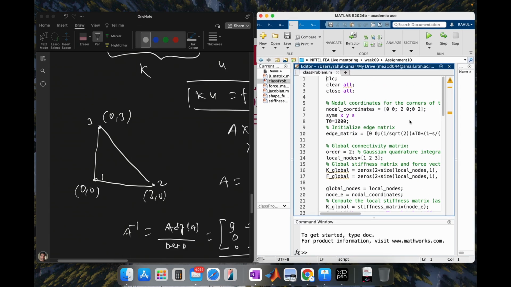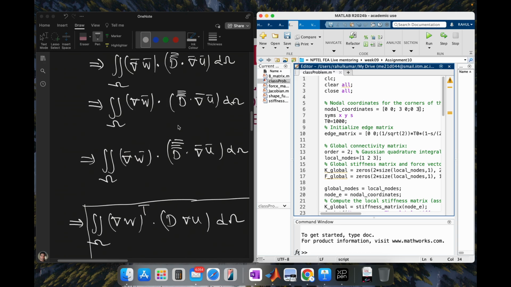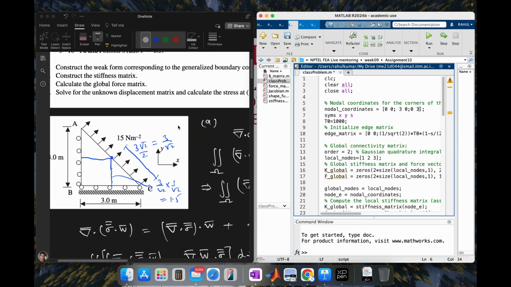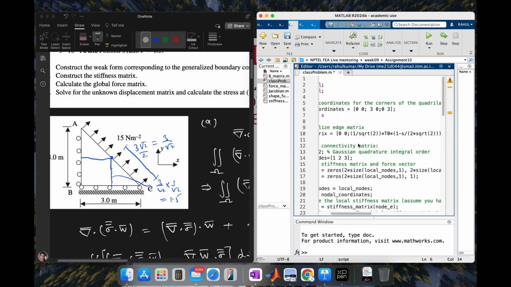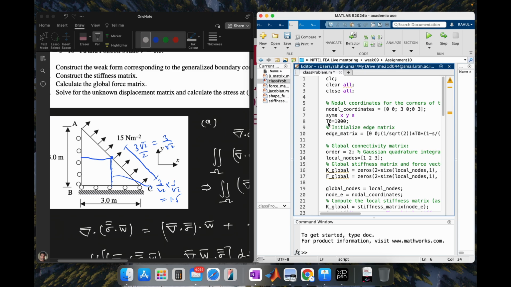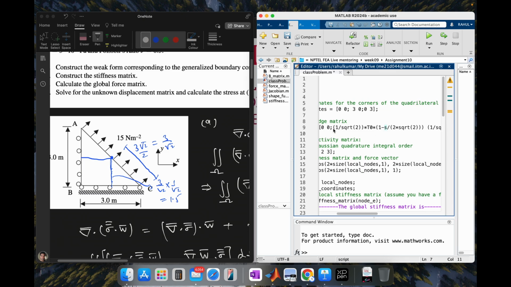So what is the nodal coordinate? Nodal coordinate is 0 0, 3 0, and 0 3. And here we need to write the Neumann boundary condition, and the Neumann boundary condition is constant, and that is in this direction. So here I will remove this because there is no use of that.